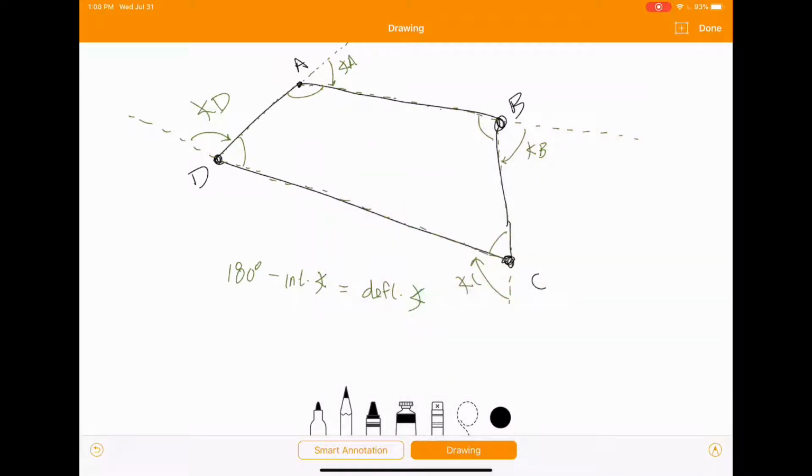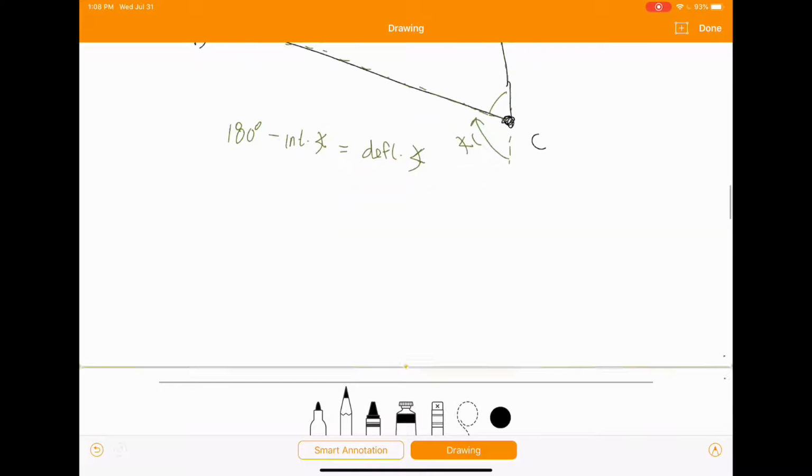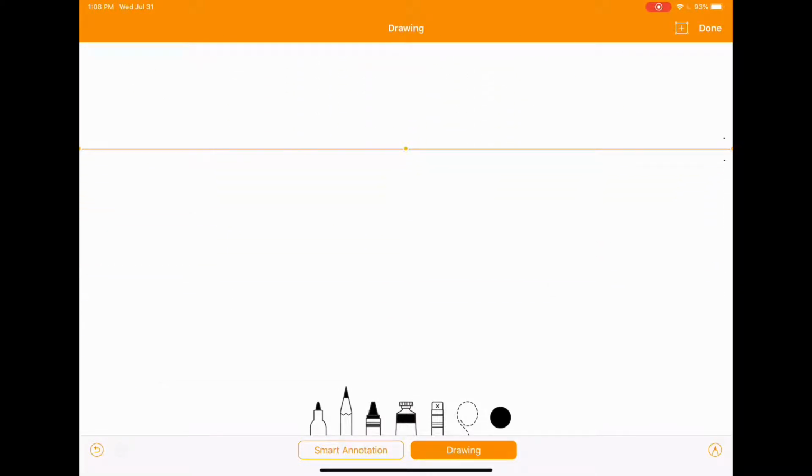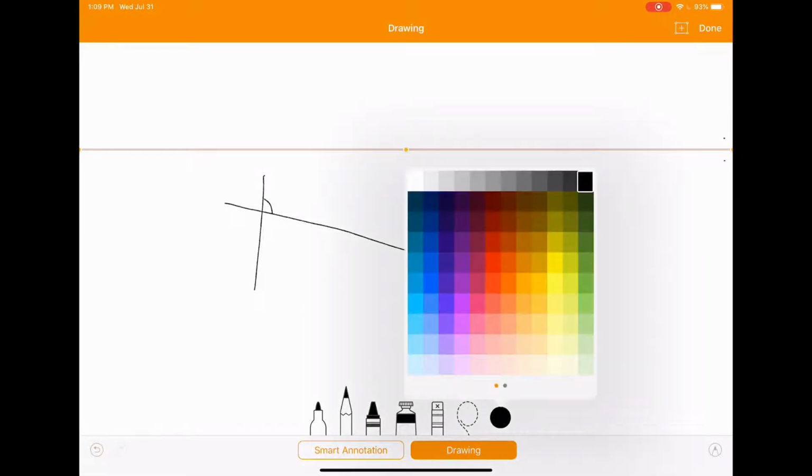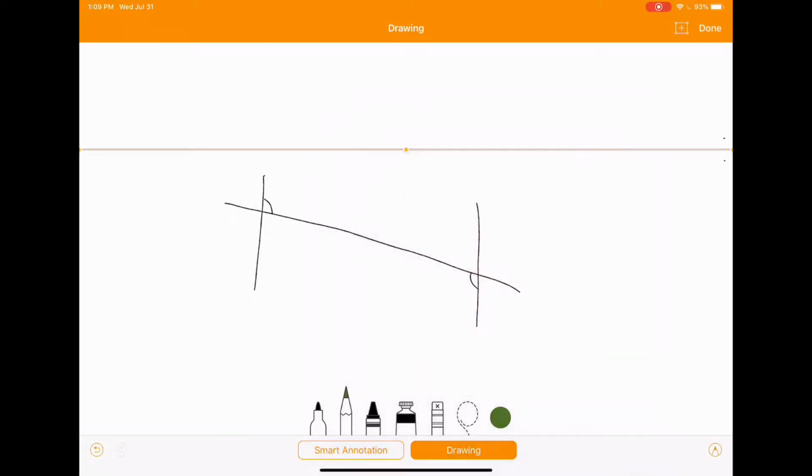Again, a lot of this is just going back to geometry and remembering, you know, things like, let's see, if you had some line here, things like opposite interior angles, or just opposite angles.